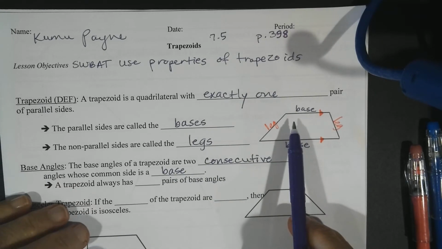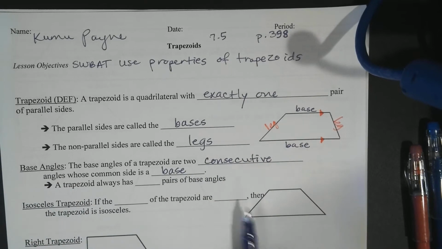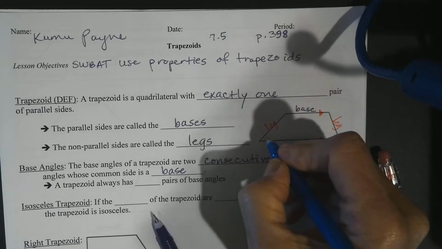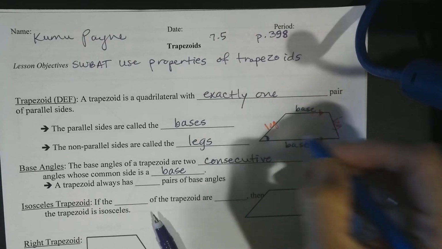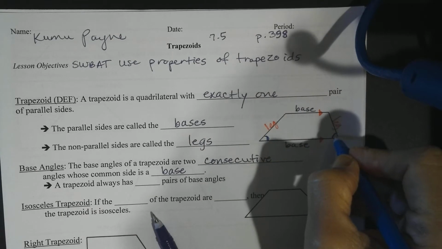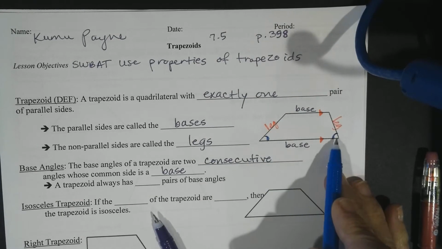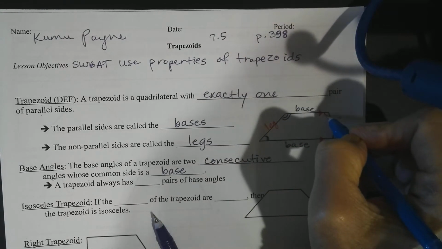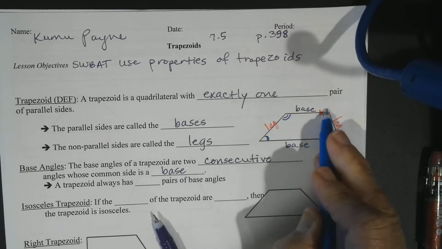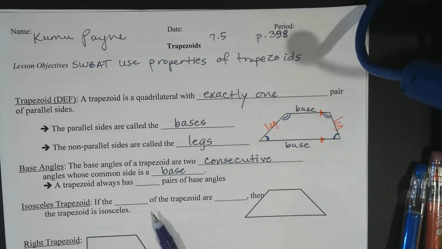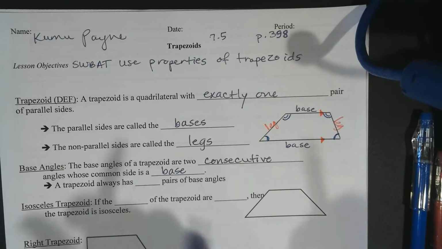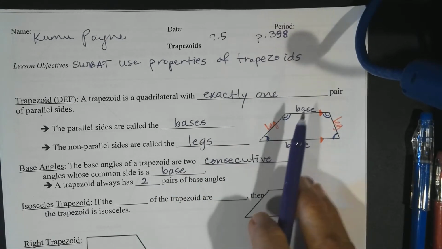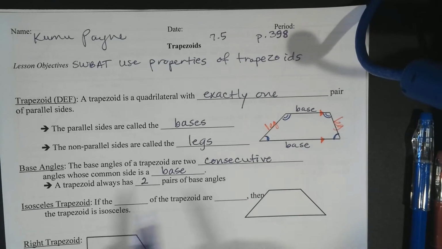So it's at either end of the base, like here and here. See how the common side is the base? Or you can also do the other side. This is also base angles because they're connected by the base. A trapezoid always has two pairs of base angles because there's two bases.